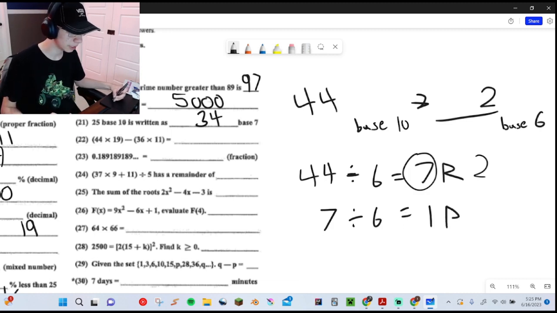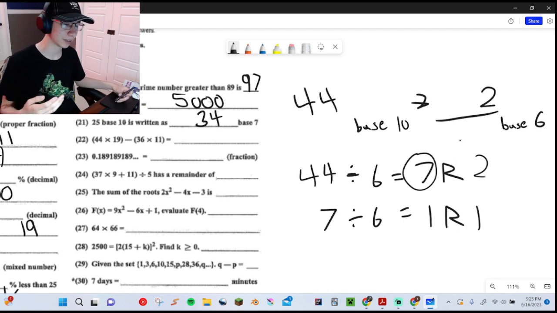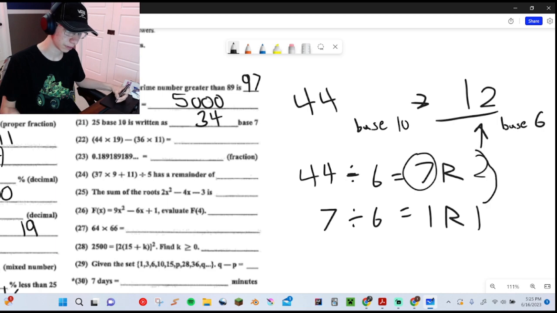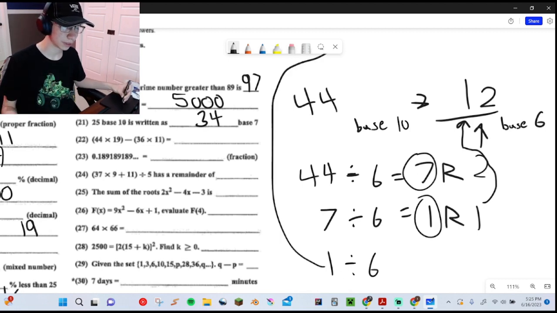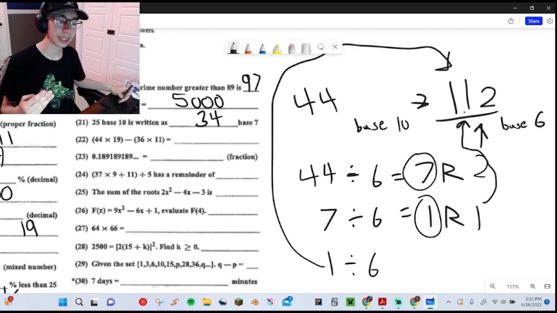That gives me 1 with a remainder of 1. So I write down the remainder. And then I continue the process with my quotient. So 1 divided by 6. It doesn't go in. So I end the process and I write down this number. So 44 base 10 is 112 base 6.